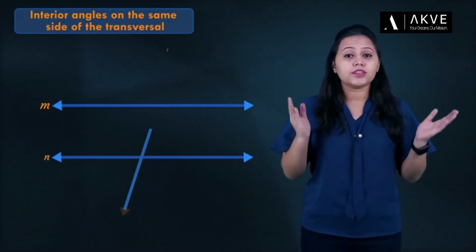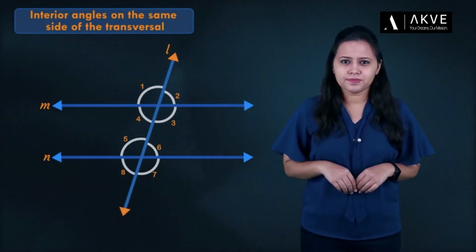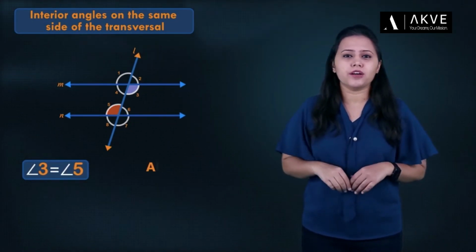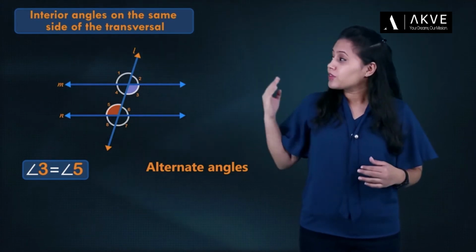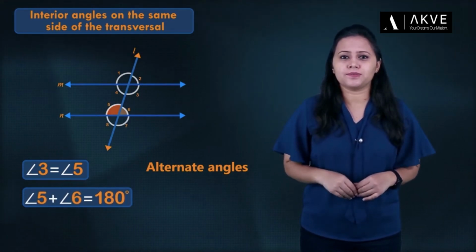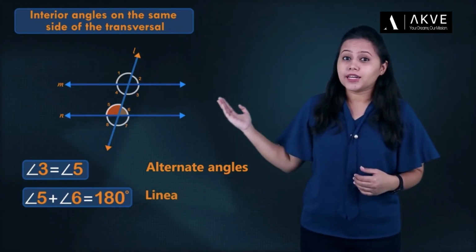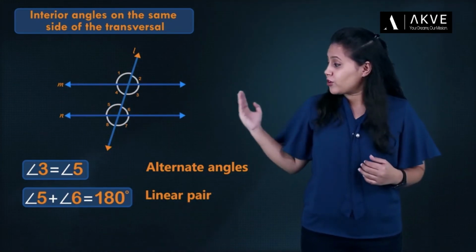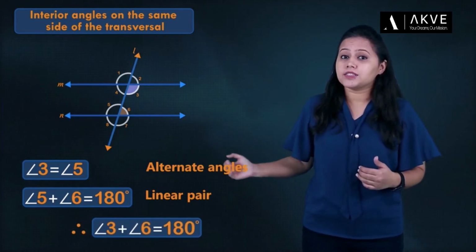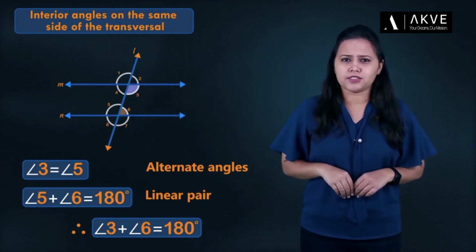Now, what can you say about interior angles on the same side of the transversal? Well, we just saw that angle 3 is equal to angle 5. Also, angle 5 plus angle 6 is equal to 180 degrees because they form a linear pair. So, from these two equations, we have angle 3 plus angle 6 is equal to 180 degrees.